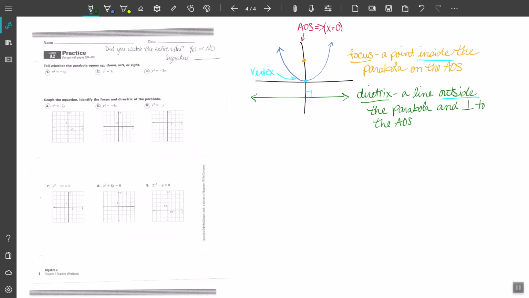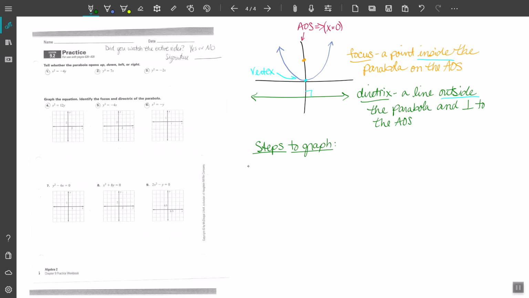Okay, so now let's talk about the steps that we need to follow to actually graph these parabolas. The first thing we have to do is look at the equation that we have and determine what is squared. Once we've determined that, we're going to know whether it opens up or down, left or right.